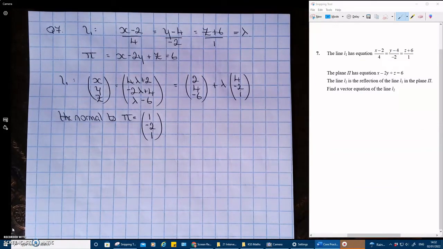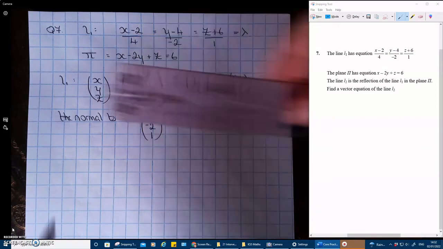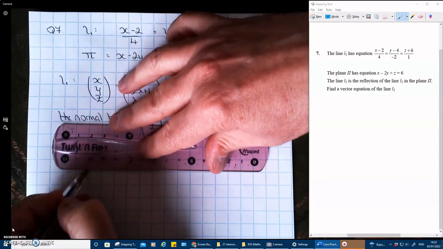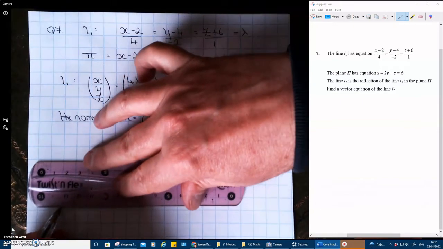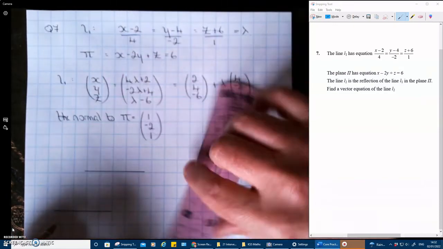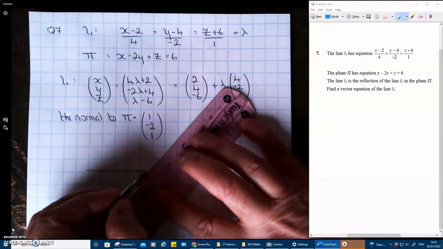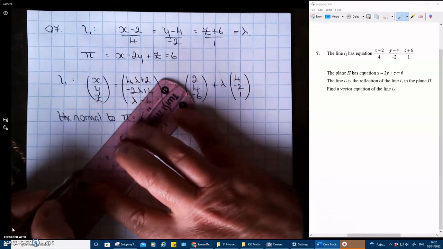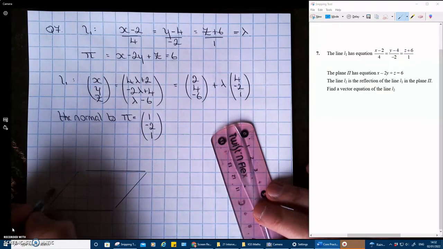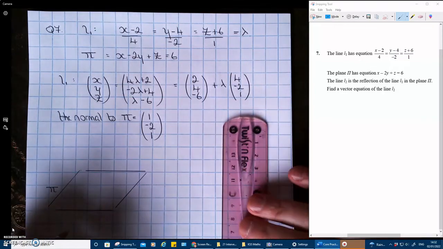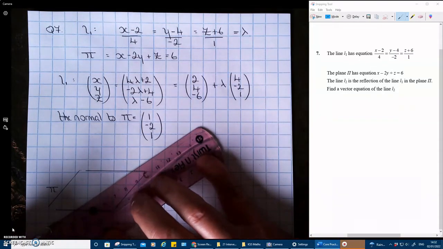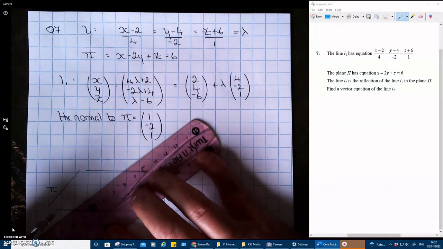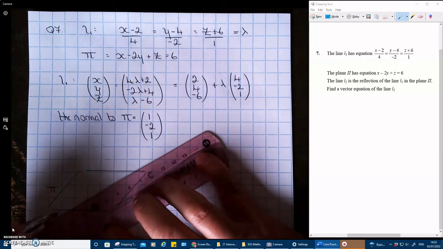Okay, so if we attempt to draw some sort of diagram, never easy because it's a 3D drawing obviously, but anyway, let's have a go. So we've got some sort of plane which we're going to call pi. We've got a line going through the plane and we don't know the orientation, doesn't really matter.